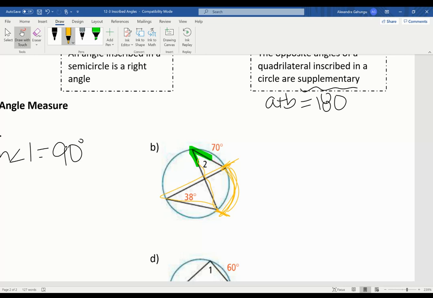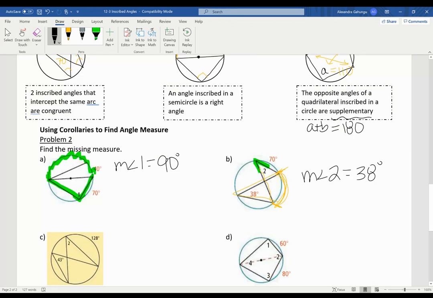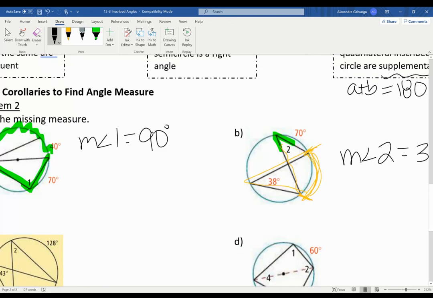Yes, it's this guy right here. So then the measure of angle 2 is going to be the same as the angle that has the same arc. So it's going to be 38 degrees. If they share the same intercepted arc, those angles are congruent.